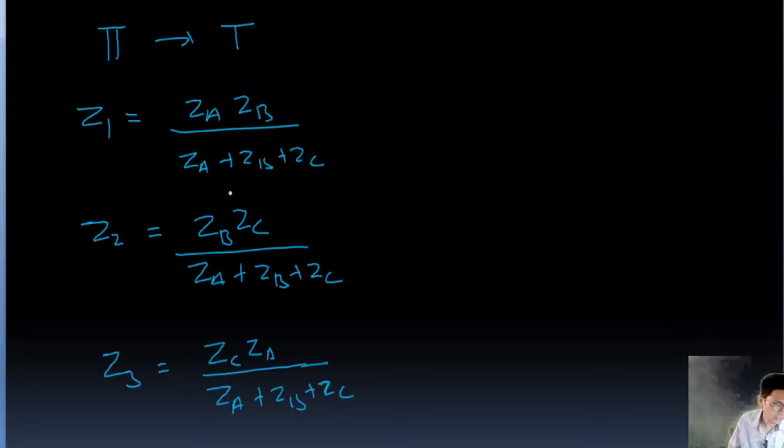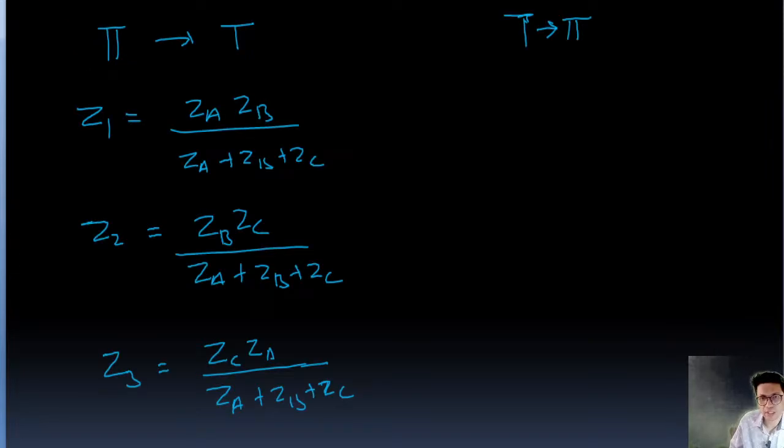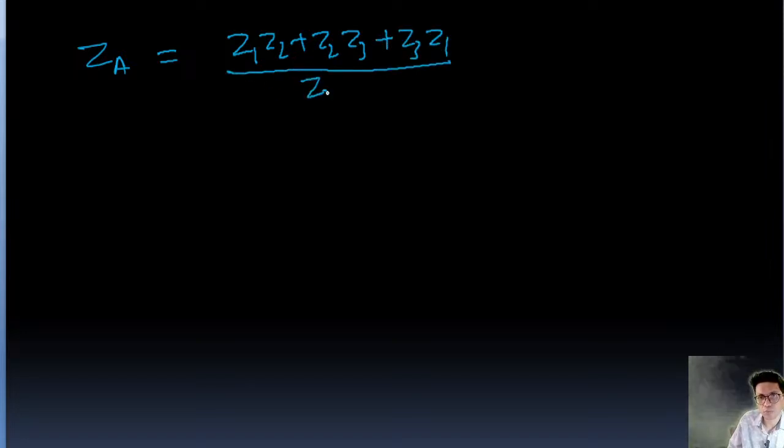This is Z3. Now second is T to pi. Now we have to convert the T network into the pi network. In T to pi, this T we have to convert into pi, means we need ZA, ZB, ZC. These are Z1, Z2. Now we need ZA. ZA is going to be very simple: Z1 Z2 plus Z2 Z3 plus Z3 Z1 upon Z2.